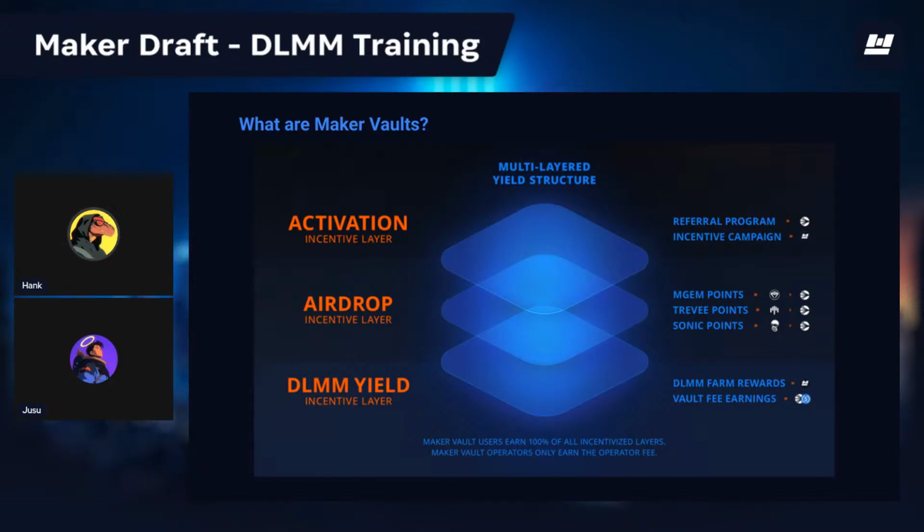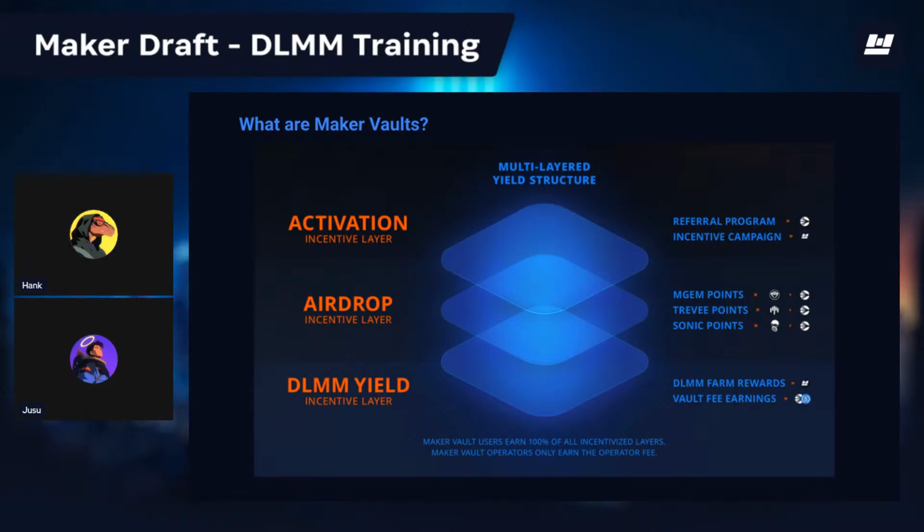Here I'm teasing something already a little bit. You can also read up on this in our docs. We describe, from the liquidity provider's perspective to these vaults, you have 3 layers of yield that you're earning. The first layer is here at the bottom.